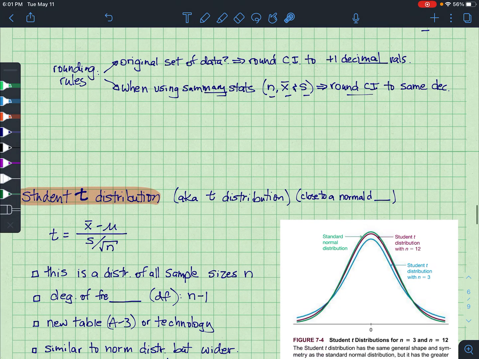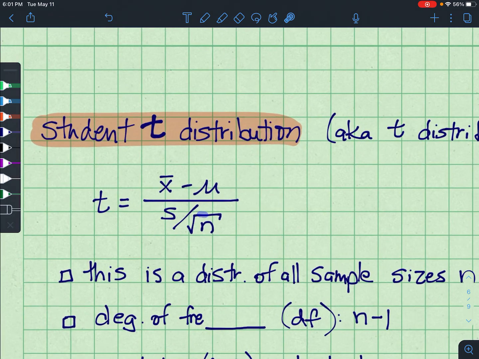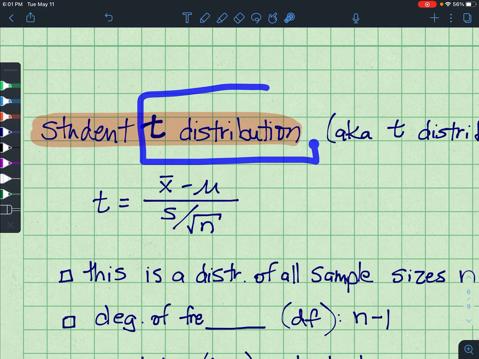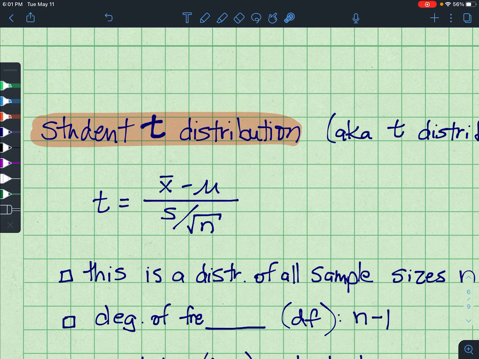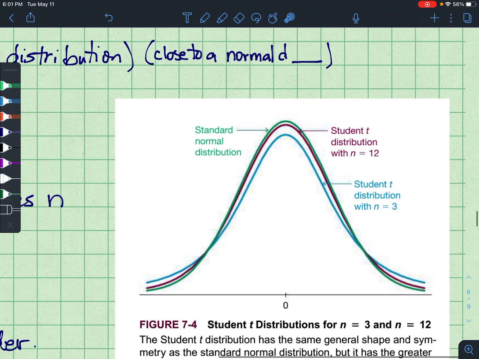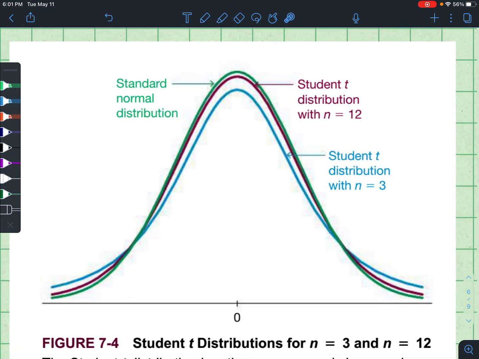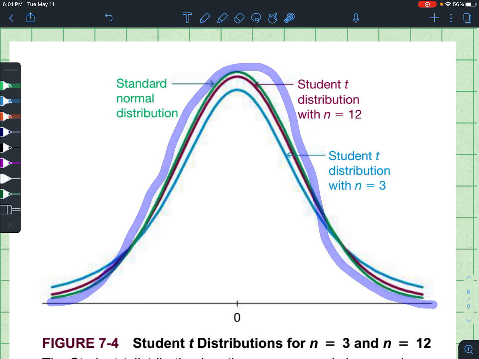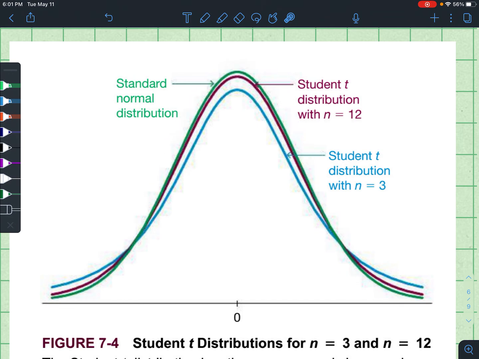All right, so here is the t. It's called a student t distribution sometimes, but more often than not, I'm seeing it show up as just a t distribution. This is close to the normal distribution, so let's take a look. The green graph, you can see, is higher in the middle but lower on the edges. That is our standard normal distribution.